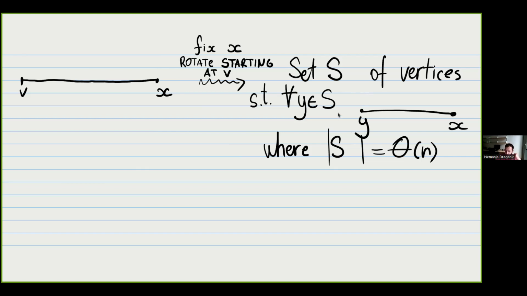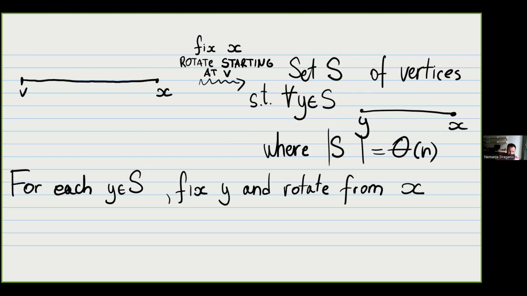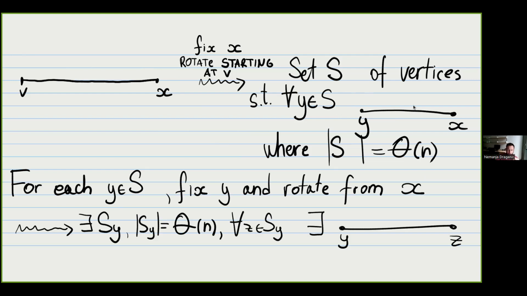But now you can do the same on the other side. You can now fix each of those y's, and in their path you're rotating from x. So for each y, fix y, rotate from x, and then what you would get is, let's say, a set S_y, such that for each z in S_y, you have a longest path where y is an endpoint and z is an endpoint.